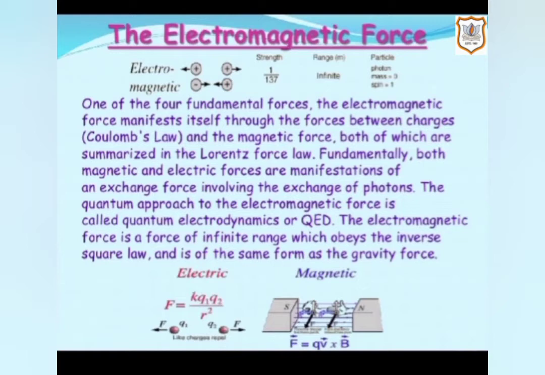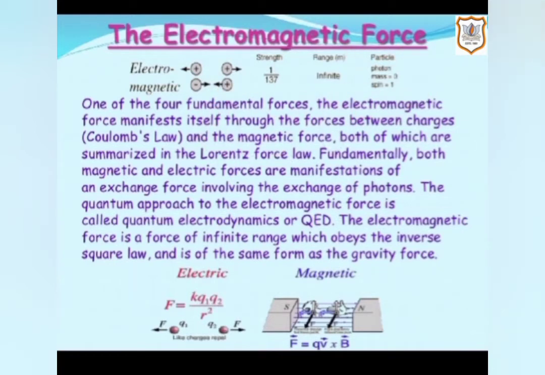When there are two poles of magnets, the force which acts between the poles is given by the magnetic force. Now, when the charges move in a single line, then magnetism is produced surrounding that, and the combined effect of electricity and magnetism is there, and the force which exists is called the electromagnetic force.